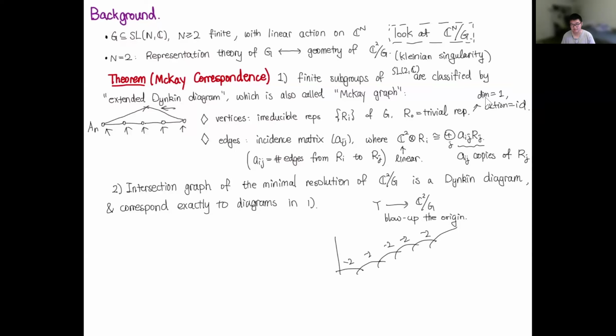The McKay correspondence tells you that in the intersection graph, you consider each smooth component of the exceptional divisor as a vertex. And if they intersect, you just put an edge between them, and each intersection gives you one edge. So this gives you an intersection graph.